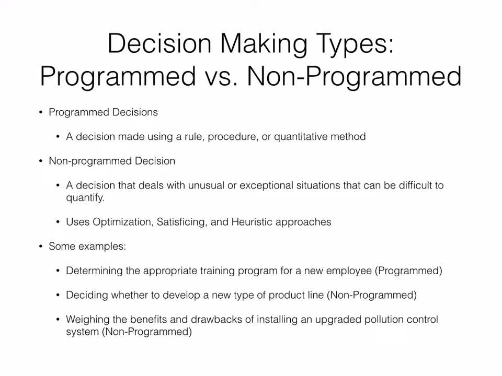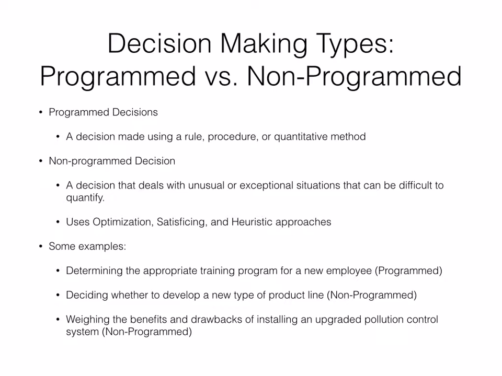Some examples: determining the appropriate training system for a new employee, that's a programmed decision. But deciding whether to develop a new type of product line, that's a non-programmed decision. That's a case where technology and computation can help you get to some reasoning for different alternatives, but can't help you make the decision.